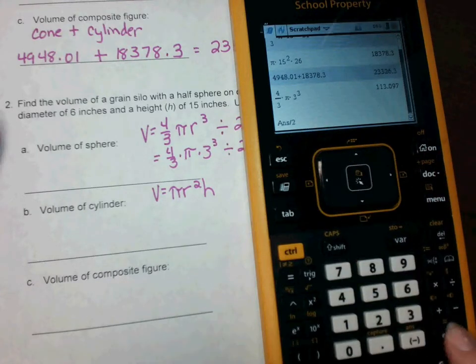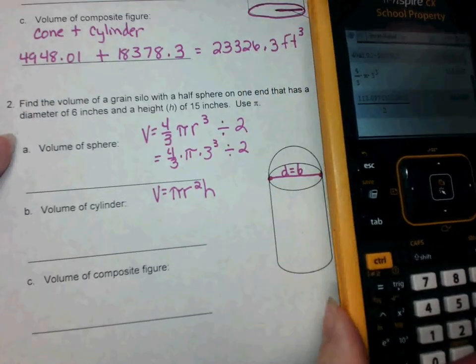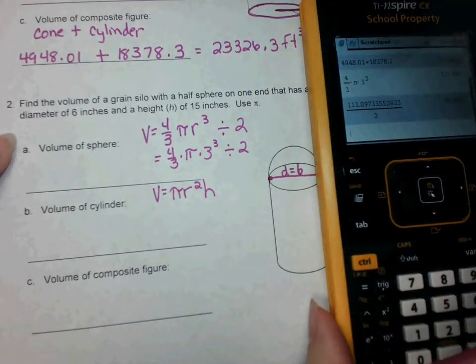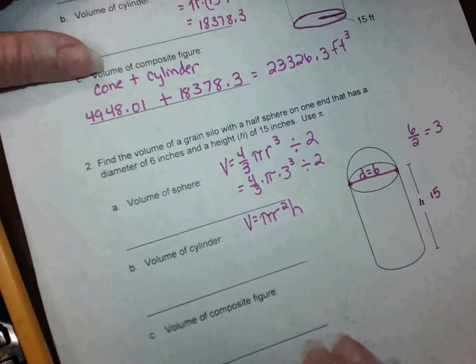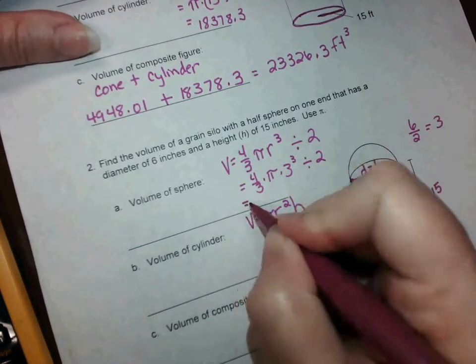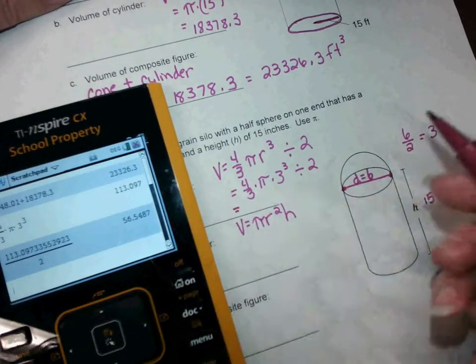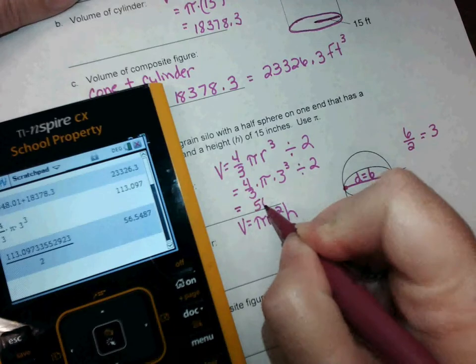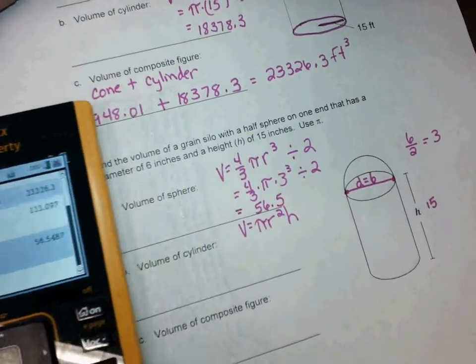Hit enter, and I get 56.54. Does it tell me to round to anything? It doesn't. We rounded the other to the tenth, so I'll put 56.5 for that one.